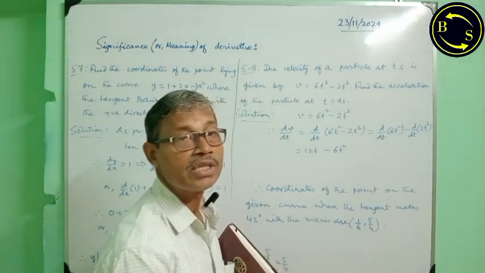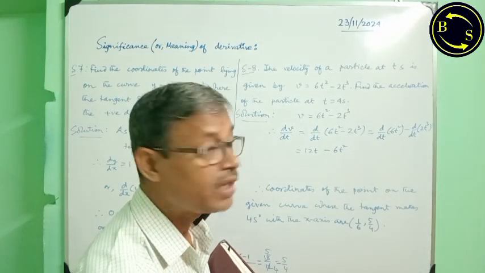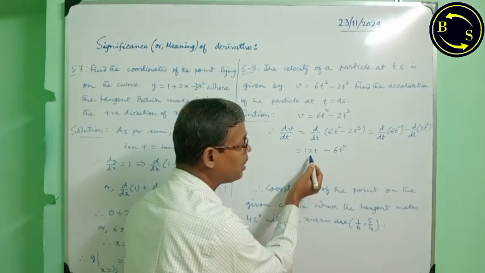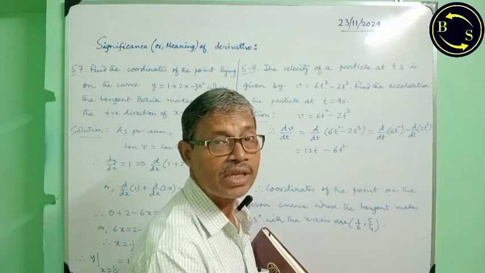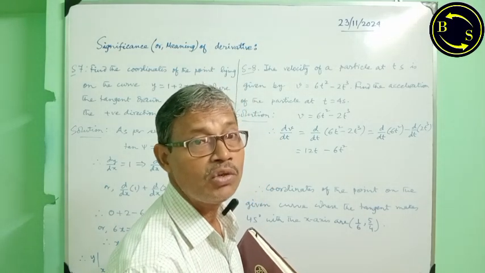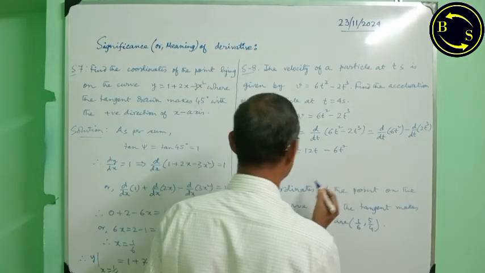Derivative of 6t square with respect to t, 6 is constant outside, d dt of t square, that is 2t, therefore finally 12t. Then d dt of 2t cube, 2 is constant taken outside, 2 into d dt of t cube, d dt of t cube is equal to 3t square. Therefore finally this one.